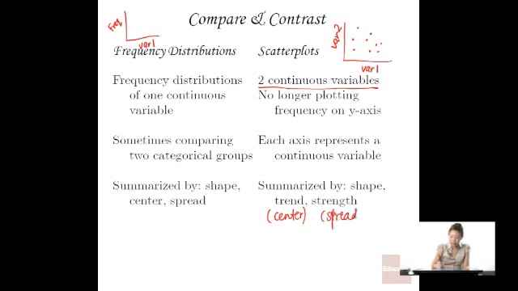These are concepts you've thought about before, but we're translating them from one dimension to two dimensions. And so spread used to be something like this, but now we're talking about spread in two dimensions. And that's going to look a little bit different.